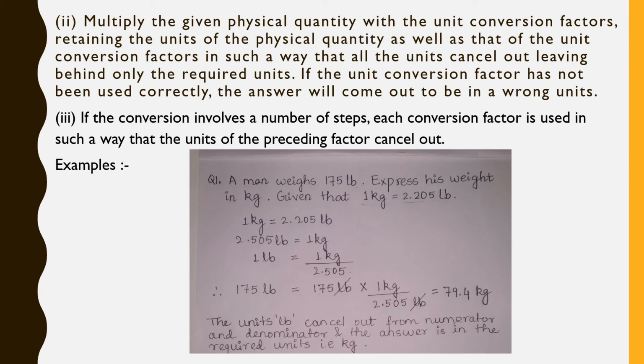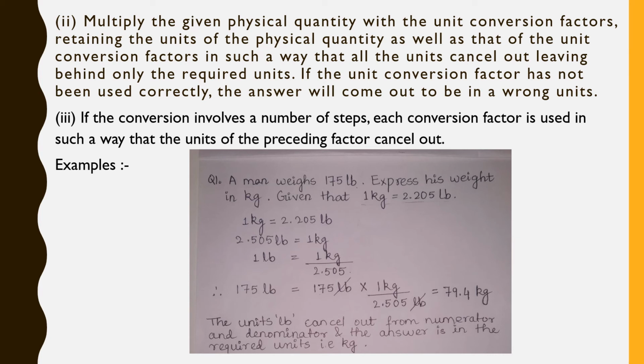So we can write 2.205 lb is equal to 1 kg. We can also write 1 is equal to 1 kg upon 2.205 lb, where lb is going to be in the denominator.